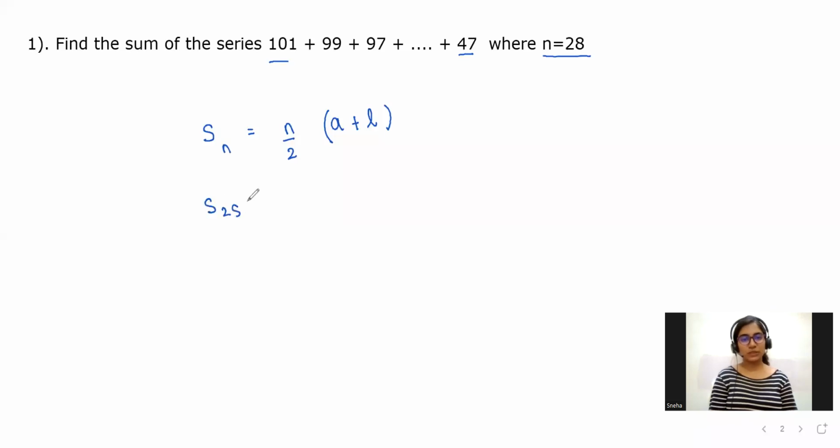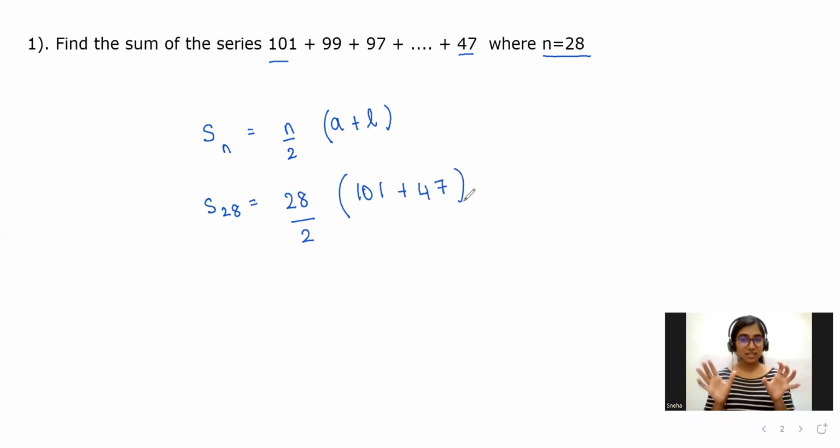So S28 would be equal to 28 by 2. Can you all tell me what is the first term? A is the first term, which is 101, and the last term here is 47. So by looking at the first term and last term, I could say this is a decreasing series where the common difference is -2. Okay, so let's simplify it. 14 by 2, which will go here 14 into, so 107 plus 47, which is equal to 8.